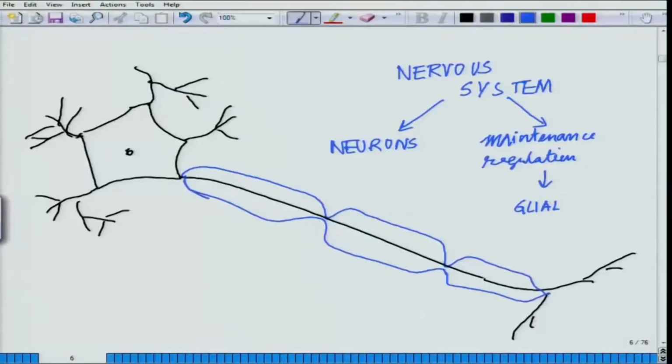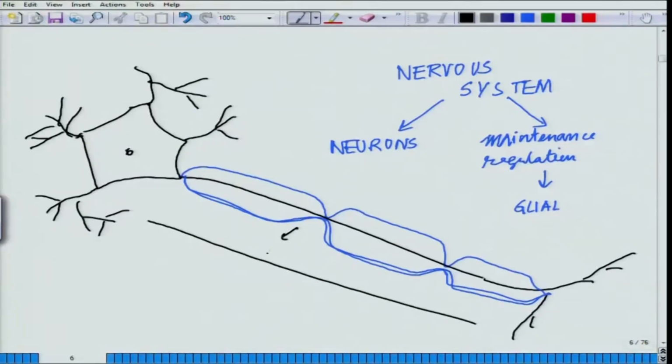Coming back, the neuron could have insulation, or it may be non-insulated. There may not be any insulation; they may be just naked. That is one classification.